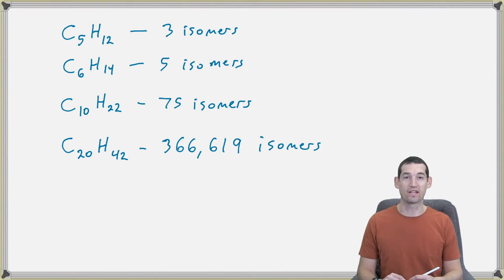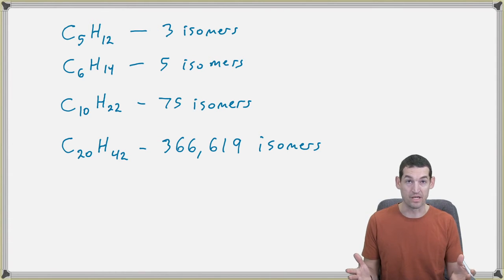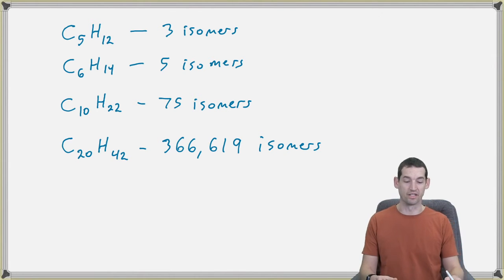So this is why molecular formulas are almost useless to us. They don't tell me anything. That C20H42 just means it could be one of a third of a million different molecules that are a possibility.